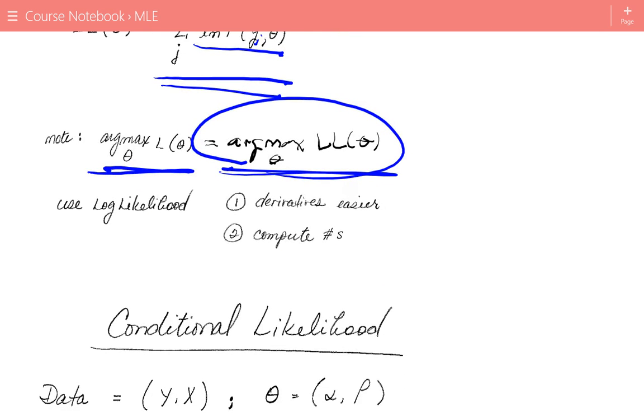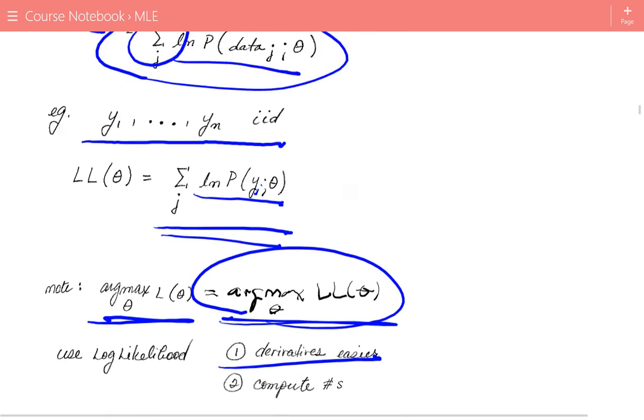There will be a number of mathematical benefits to using the log likelihood when it comes to evaluating the properties of the estimator based on maximizing the log likelihood. But there's a couple of pragmatic benefits as well. One is the derivatives are easier to deal with. Why is that?